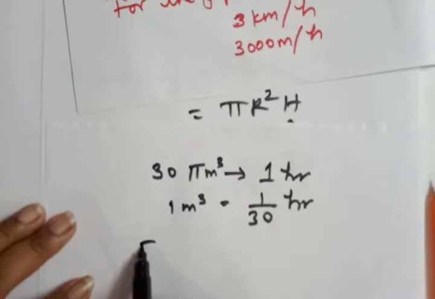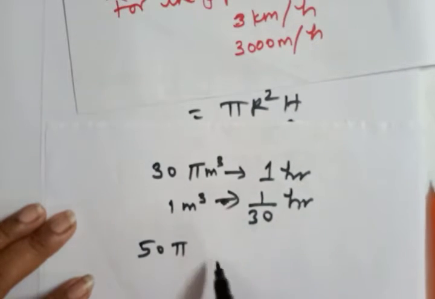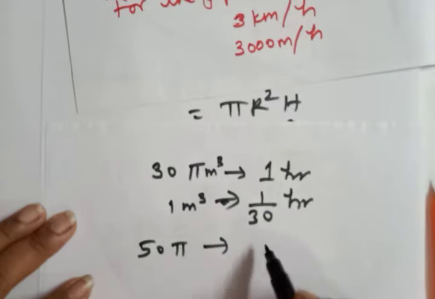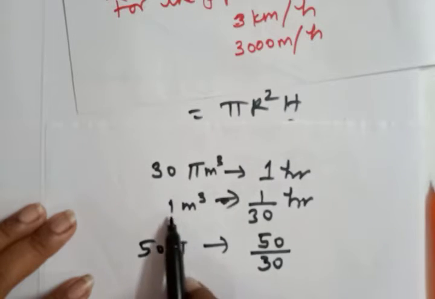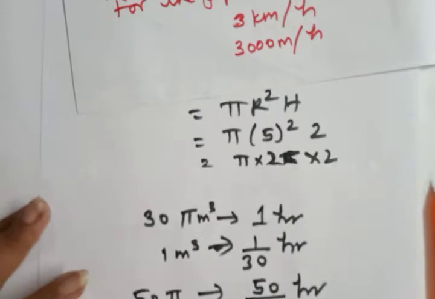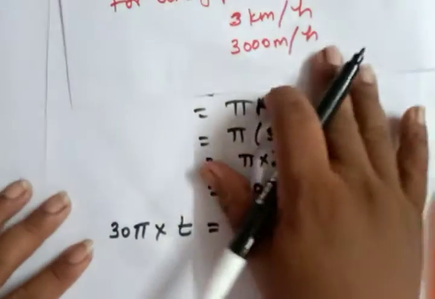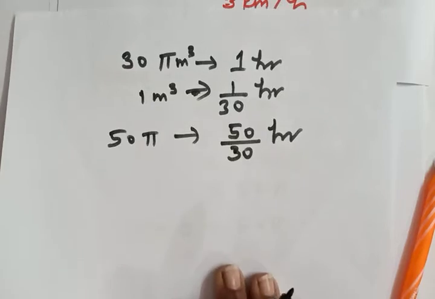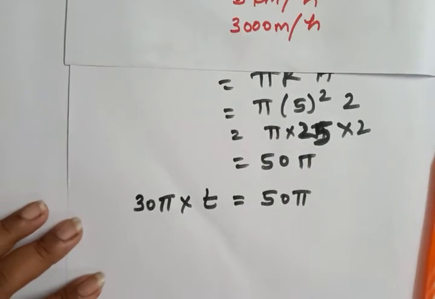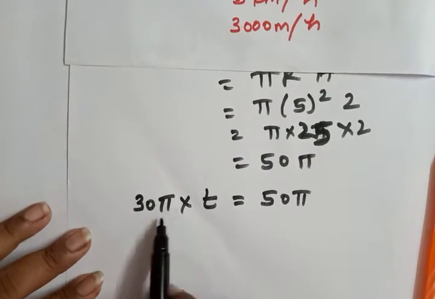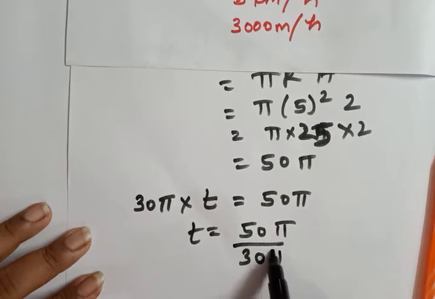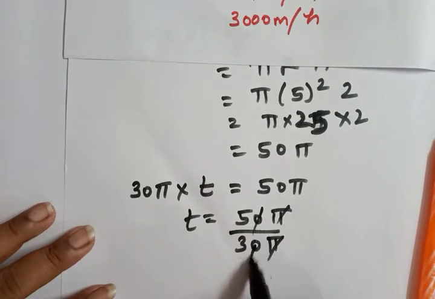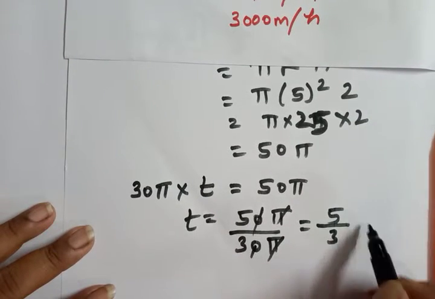So 50 pi volume will be 50 upon 30 hours. This is the unitary method, which I already explained. Now 30 pi times t equals 50 pi, so t equals 50 pi upon 30 pi, the pi cancels out and the 0 cancels 0, so we get 5 upon 3 hour.